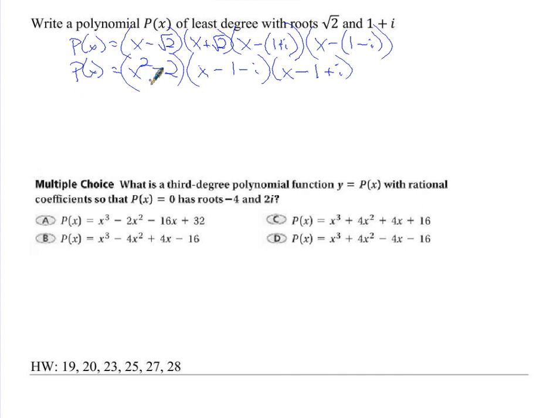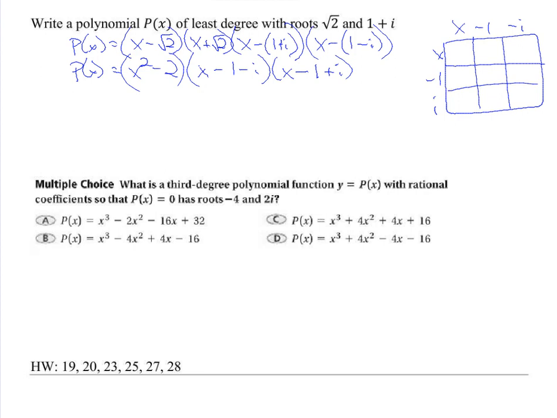And now we just have a 3 by 3 box that we need to multiply. So let's take care of that. I know it's so awful. We have x, negative 1, negative i, x, negative 1, positive i.